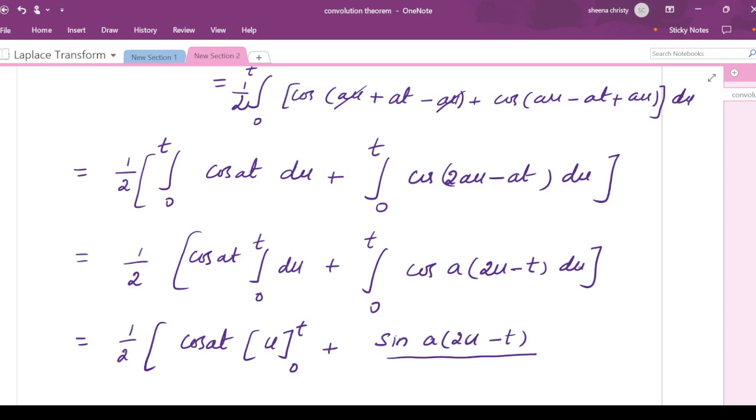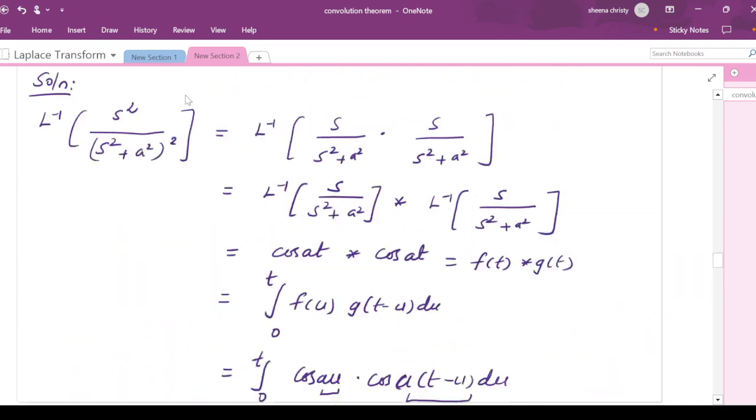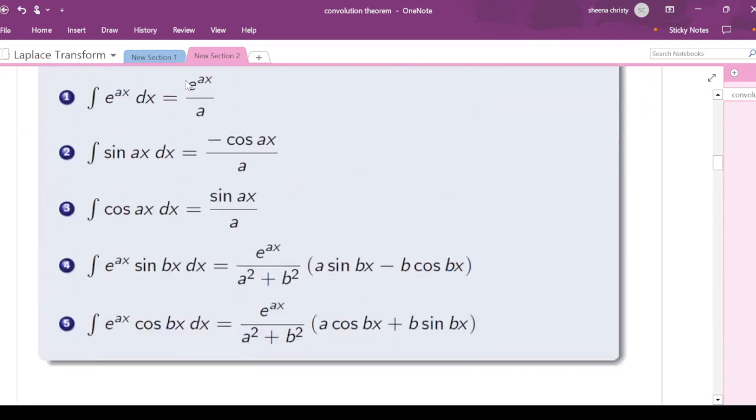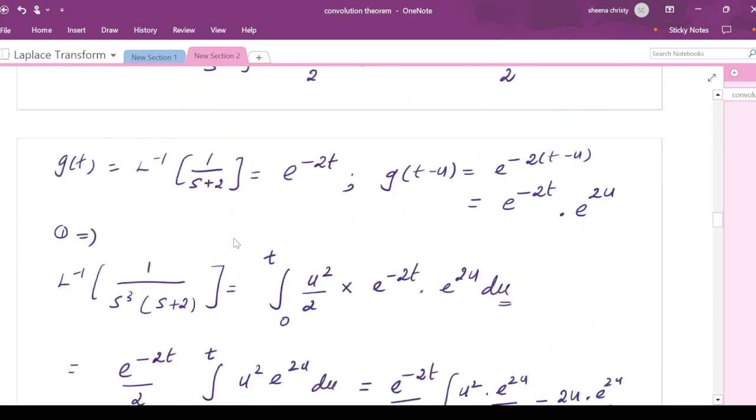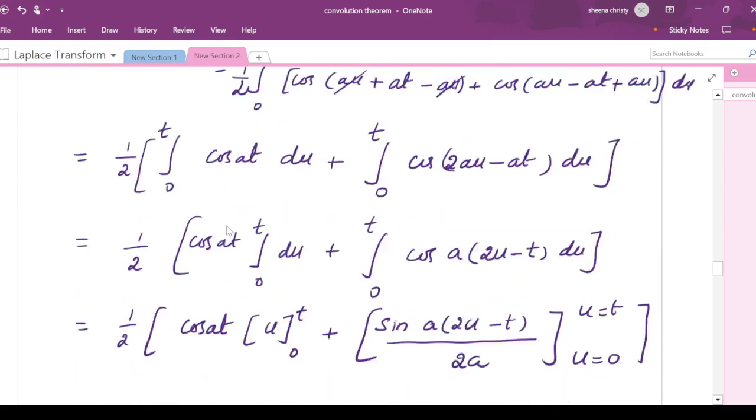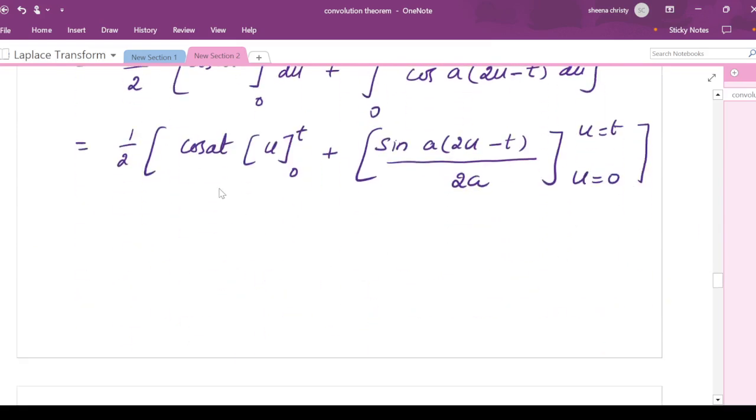You are integrating with respect to u, so it is 2a. Put the limit u equal to 0 to u equal to t. Already I have given the formula for integration of cos ax as sine ax by a. So by making use of that formula, we are getting this.